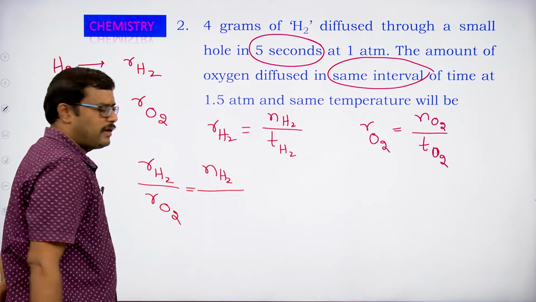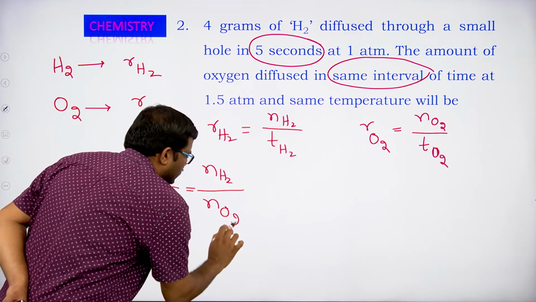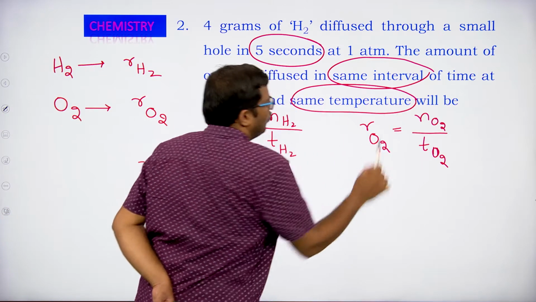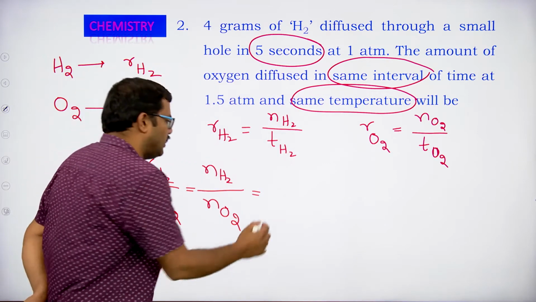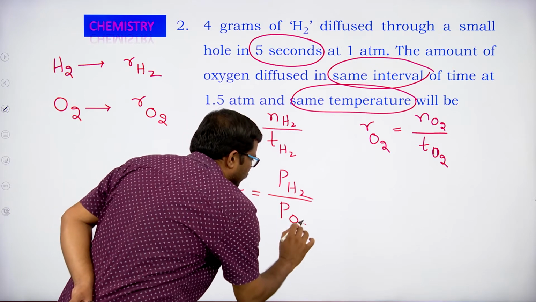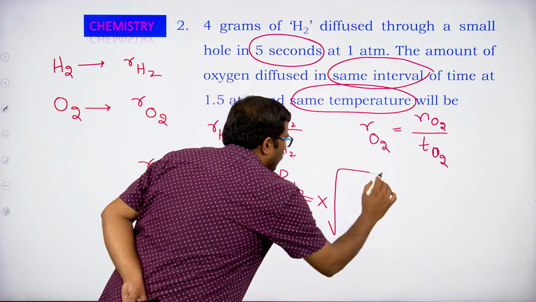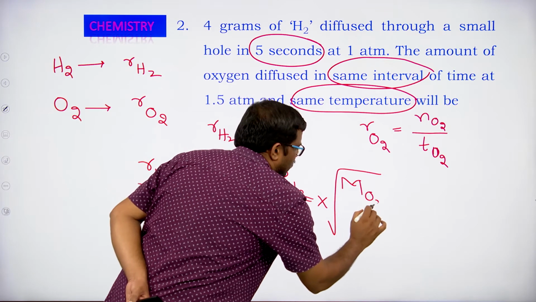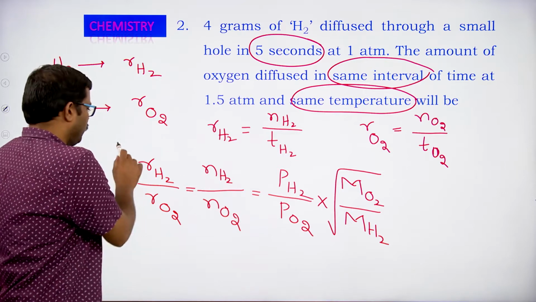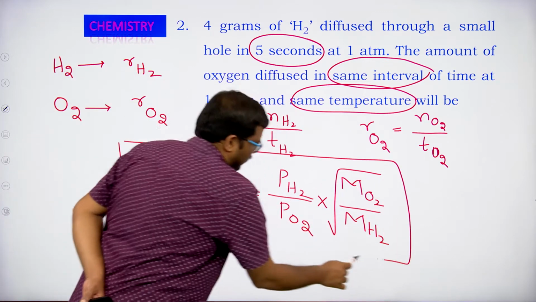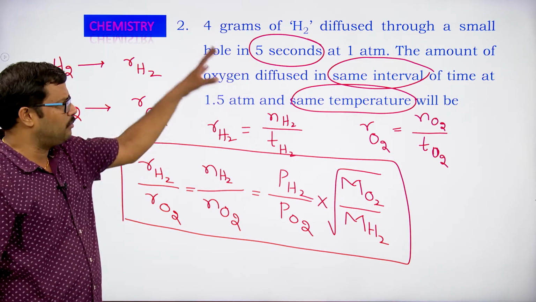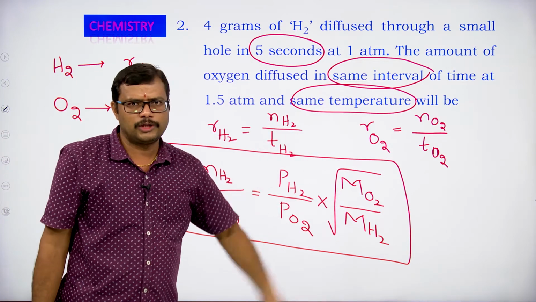So number of moles of hydrogen divided by number of moles of oxygen, which is equal to, since the temperature is kept constant and pressure is varying, so we have to use the pressure parameter here, and we know that pressure of hydrogen divided by pressure of oxygen into the square root of molecular mass of oxygen by molecular mass of hydrogen. So this is the formula which we have to apply in order to calculate the amount of oxygen that got diffused in the same time interval at 1.5 atmospheric pressure.